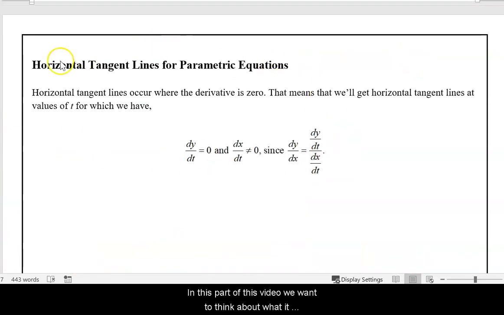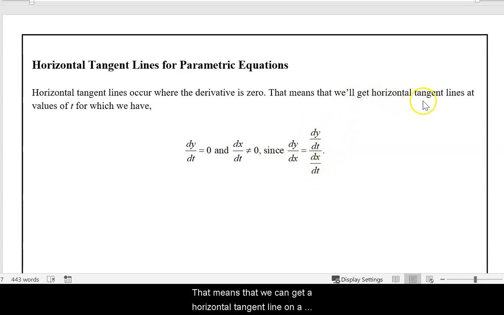In this part of this video, we want to think about what it means to have a horizontal tangent line. A horizontal tangent line, of course, occurs when the derivative is 0. In this case, because we're dealing with parametric equations, we have the ratio of two derivatives with respect to t, dy/dt divided by dx/dt.